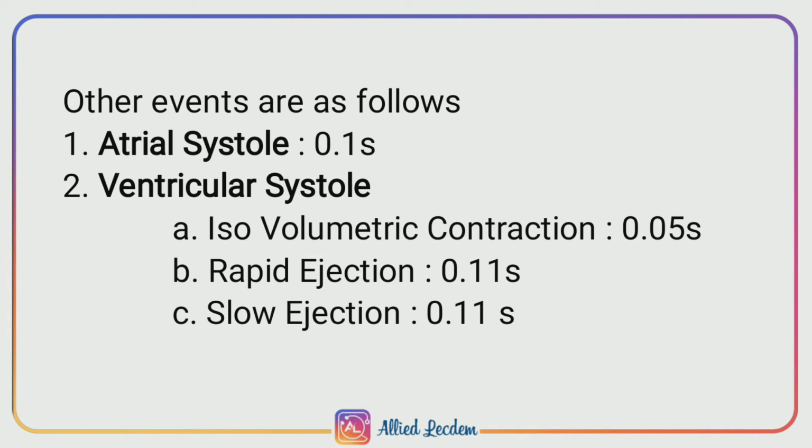Other events are as follows. So the atrial systole for 0.1 second, and ventricular systole has been further divided into isovolumetric contraction, which lasts up to 0.05 seconds, rapid ejection that lasts up to 0.11 second, and slow ejection that lasts up to 0.11 second.